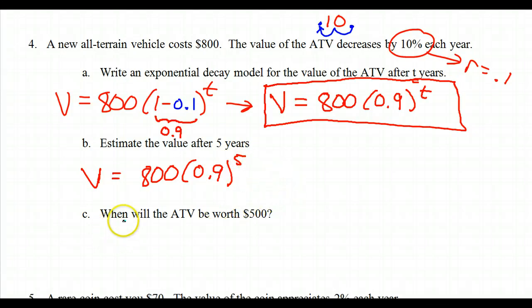Now I'm looking ahead a little bit. It says, when will the ATV be worth $500? To answer questions like this about when, we really are going to use the table function on the calculator. As long as I'm going to be typing in the model anyway, I'm going to use the table to answer both of these questions.